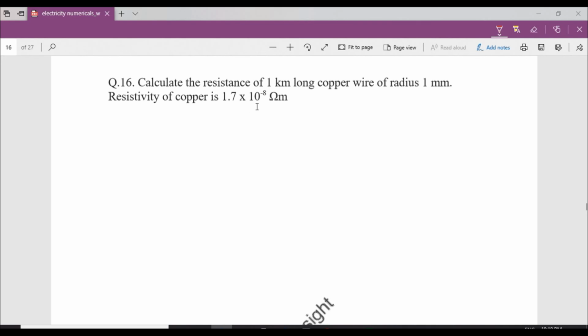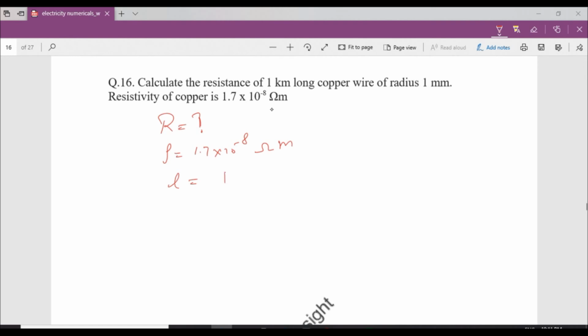Calculate the resistance of a 1 kilometer long copper wire of radius 1 mm. Resistivity is given, and we need to evaluate the resistance. Resistivity is 1.7 into 10 raised power minus 8 ohm meters.